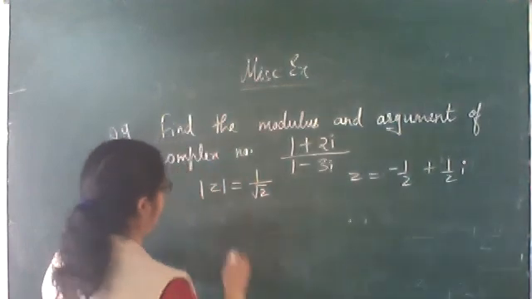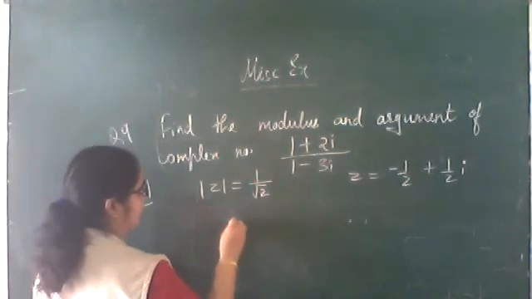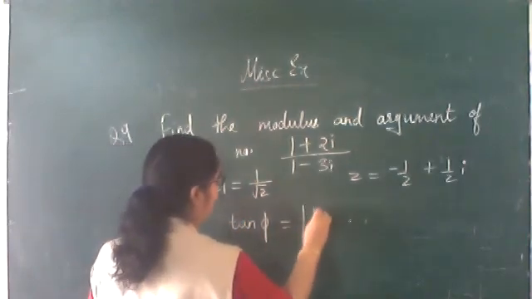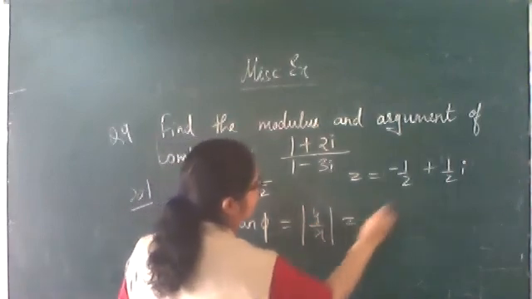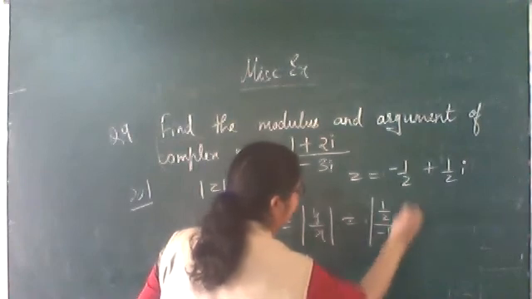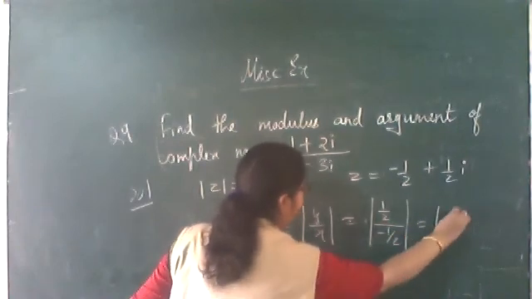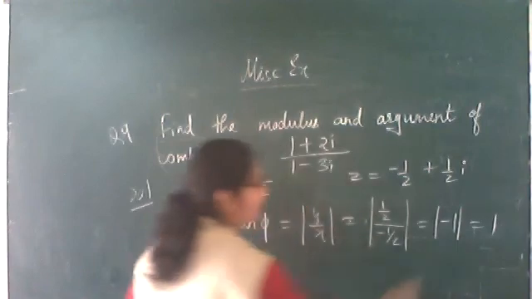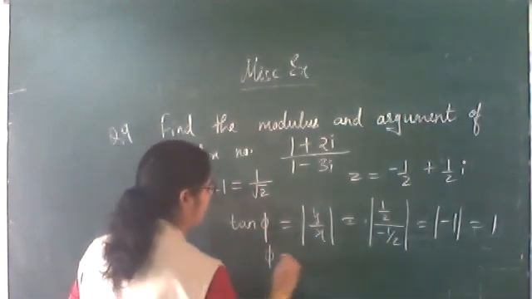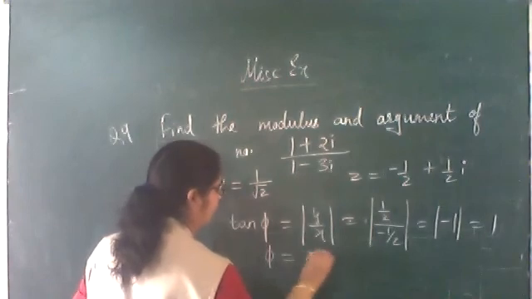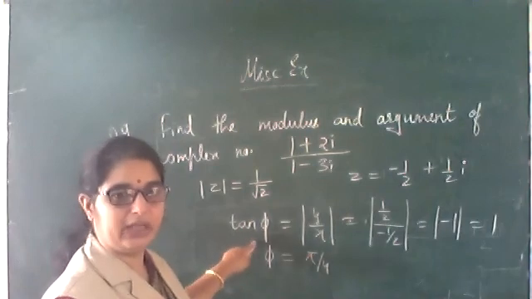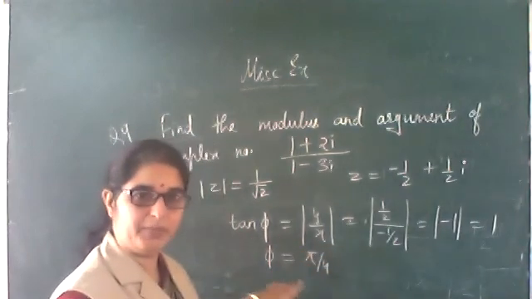Now just see, for the argument, tan phi is equal to mod of y by x. What is y by x? 1 upon 2 upon minus 1 upon 2, that is equal to mod of minus 1. Modulus of any value is always positive. So tan phi is 1, so phi is equal to pi by 4. This must be clear to you: when the value of tan phi is 1, then phi is equal to pi by 4.